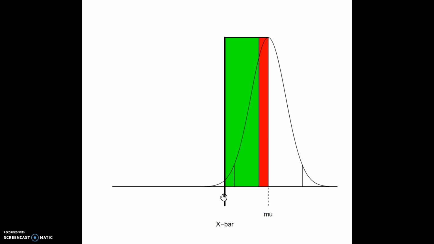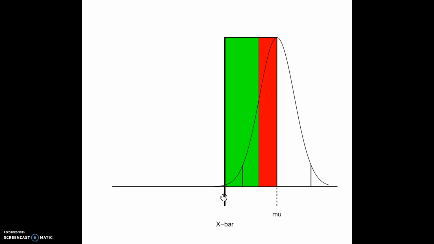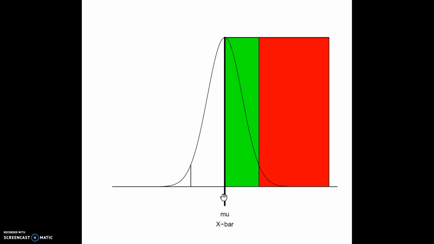If I keep shifting it to the right, again I'm outside of that middle 95%, and I'm tracing out more and more means that aren't likely to give me the sample mean I've observed. I can keep going to the right, and obviously I just get more and more means of that nature.